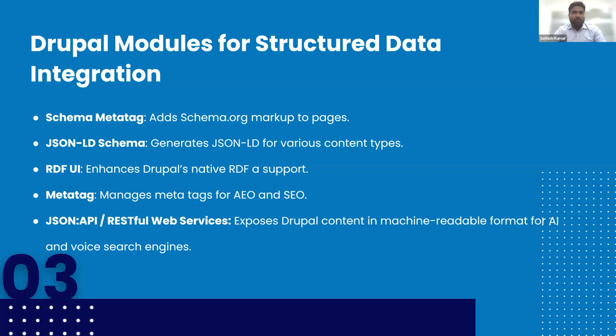So this is again for headless pages, and JSON-LD schema takes care of it. And RDF UI takes care of Drupal's native RDF support and meta tags. The module supports both SEO and AEO, and similarly the JSON format makes sure that your content is AI optimized and shared through API to these engines.